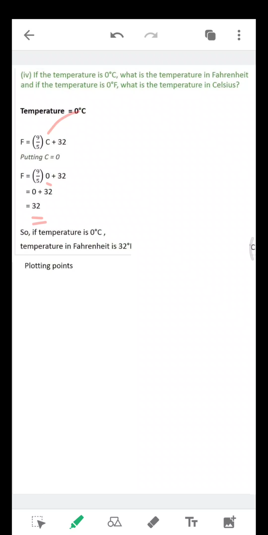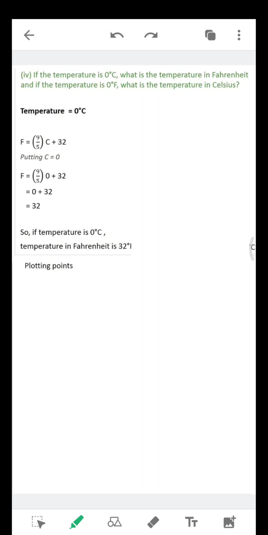So the 0 of Celsius corresponds to 32 in Fahrenheit. For the Celsius thermometer, 0 is 32 on the Fahrenheit thermometer. So if the Celsius thermometer shows 0, the Fahrenheit thermometer shows 32.